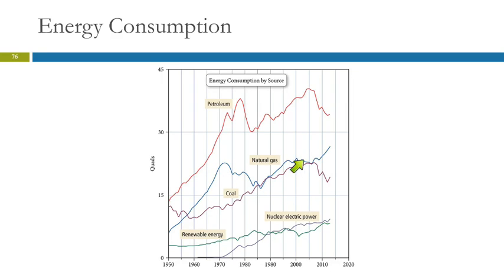Coal has kind of leveled off. Natural gas kind of came up and then it's been going down a little bit. And we've got renewable energy and nuclear electric power. So nuclear electric power, while not technically a renewable energy source, it would take a really, really long time to run out of all of the fuel for that. That's just sort of interesting.